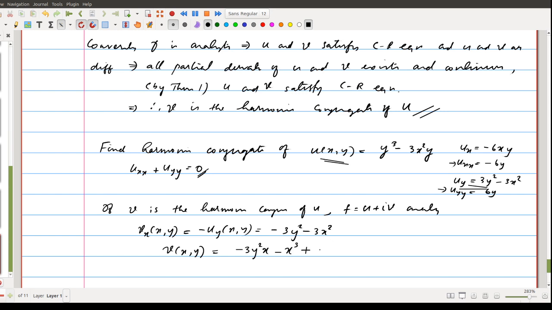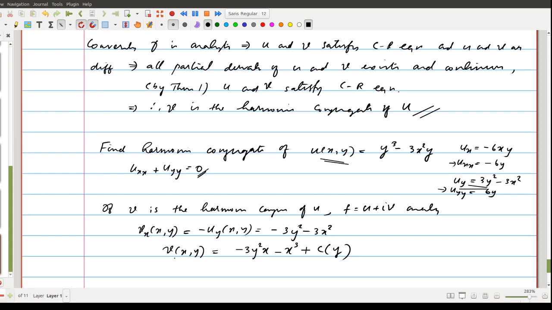So plus a function of y, that is c of y. Since we are treating y as a constant, in order to add a constant of integration, we need to add a function of y alone. So whenever you obtain this c of y, you will get v of x, y itself.